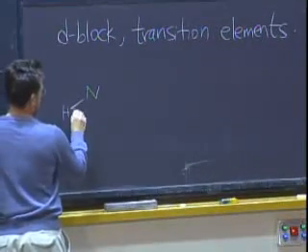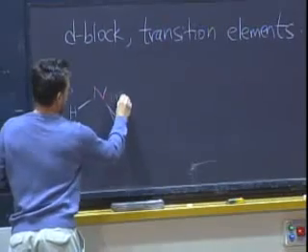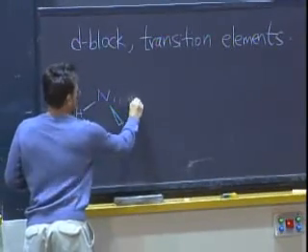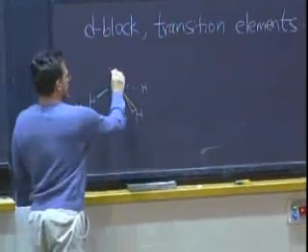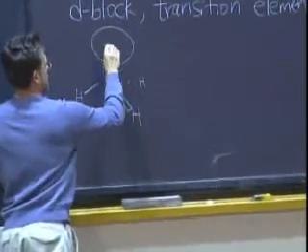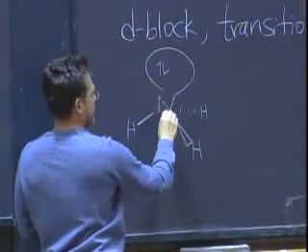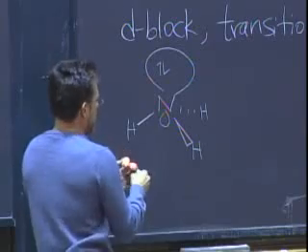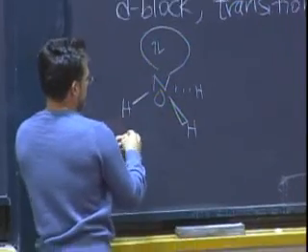Well, one simple way is if you have a ligand like ammonia that is a base, it can also be a nucleophile, and the metal can be the corresponding electrophile.